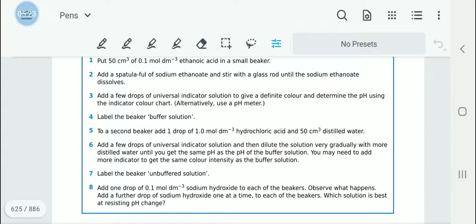When sodium hydroxide of similar concentration is added to both of these, the buffer solution will show less change in color, whereas the unbuffered solution of hydrochloric acid would change color rapidly.